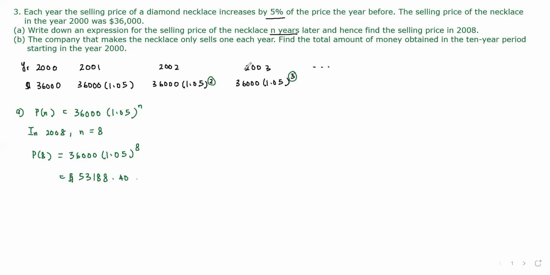For part B, the company that makes the necklace only sells one each year. Find the total amount of money obtained in the 10-year period, starting in the year 2000. So starting in the year 2000, the selling price is 36,000.